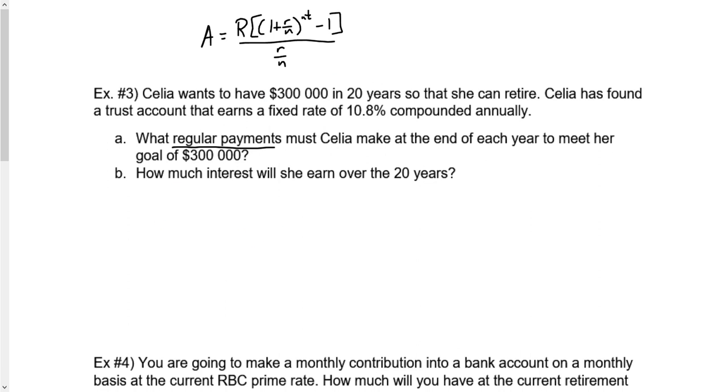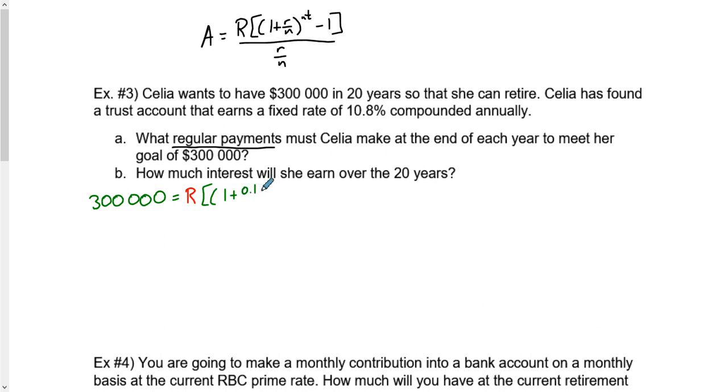She wants to have $300,000, which means that's our future value. We have to calculate what is going to be the regular investment amount. Everything else we should know.